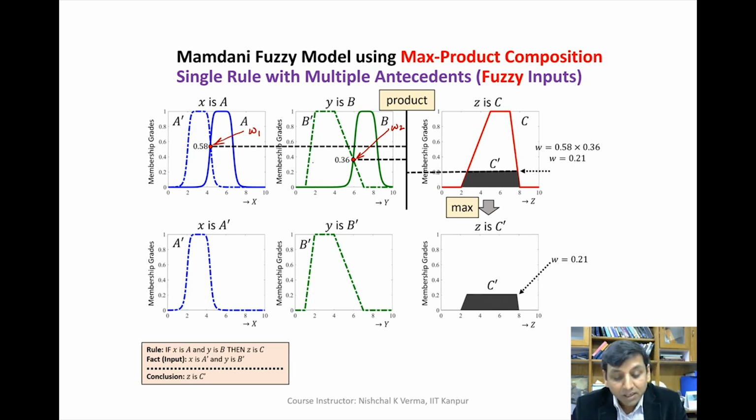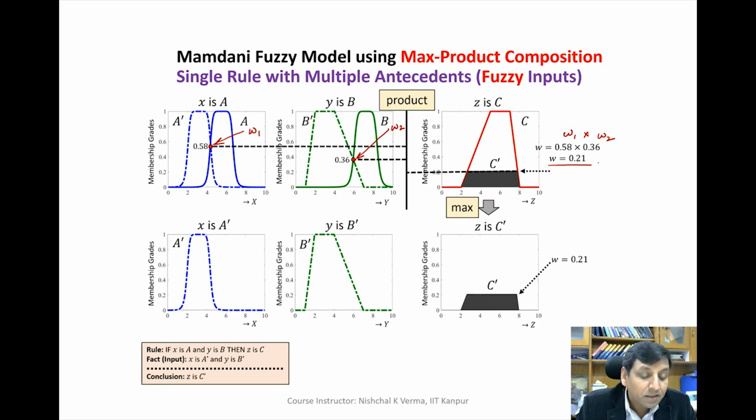So we'll take the product of W1 and W2, the product of 0.58 and 0.36. You see, there is W1 and there is W2. When we take the product, we are going to get the final value, that is the product of W1 and W2.